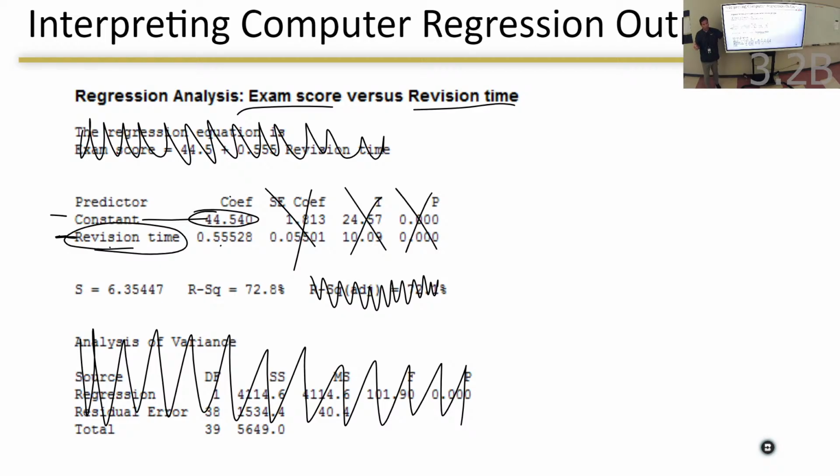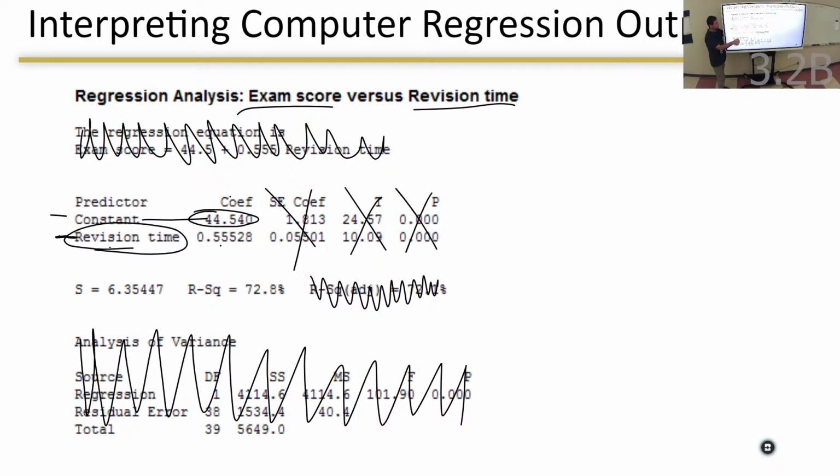You might get a P for that, but you forgot the hat. And then we have to put it into context. So you forgot two things. If you put the hat, you will get a P, but you still forgot context, so you're going to miss the E. In context, I need to say exam score hat equals 44.51 plus 0.555 revision time.